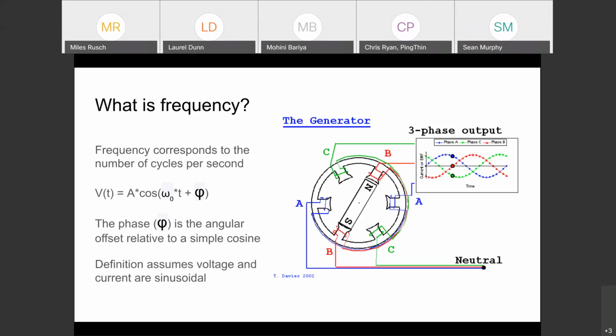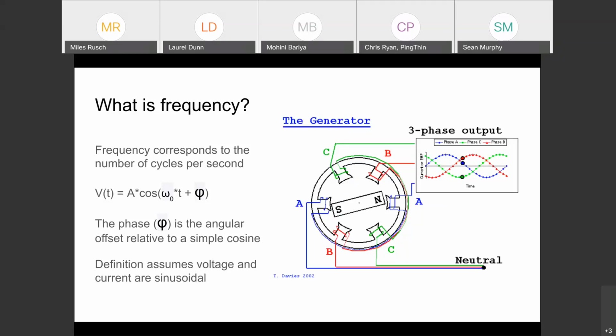And on the power grid, frequency corresponds physically to the rotation of large magnets in generators, synchronous generators that are powering the grid.